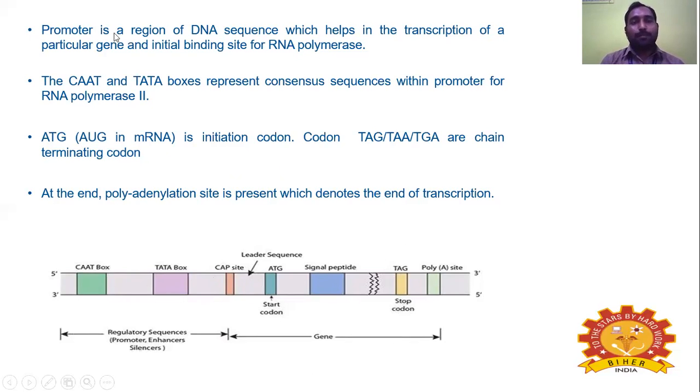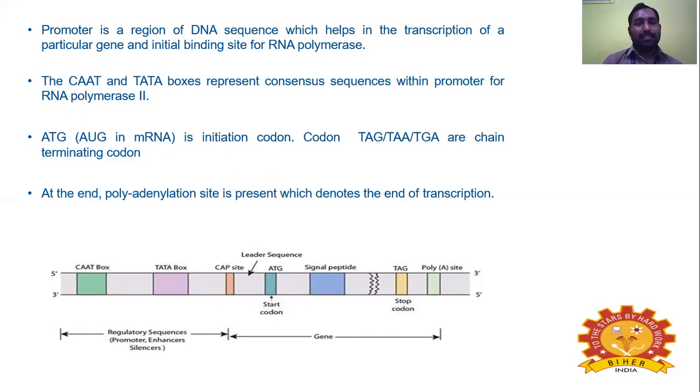So the promoter is the region of DNA sequence which helps in transcription of a particular protein and also provides the binding site for RNA polymerase enzymes. And the other two important things in the regulatory sequence are the CAT box and TATA box. These two boxes are consensus sequences which have the promoter for RNA polymerase enzymes.